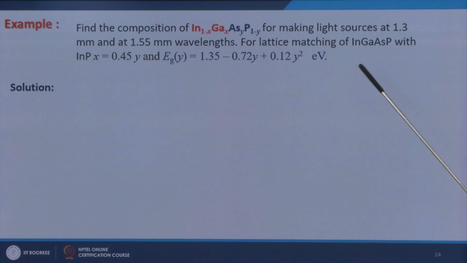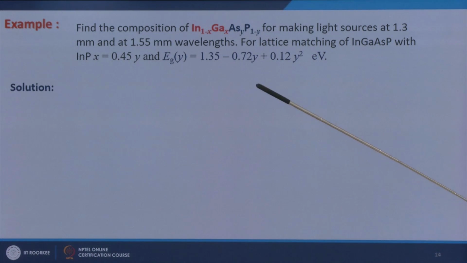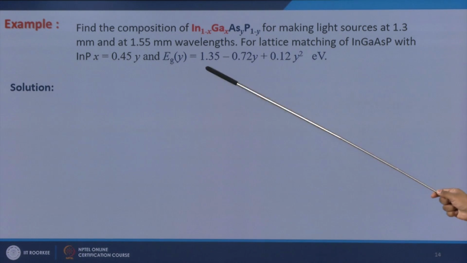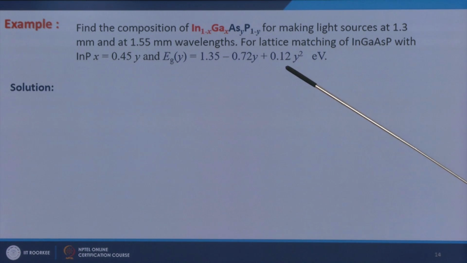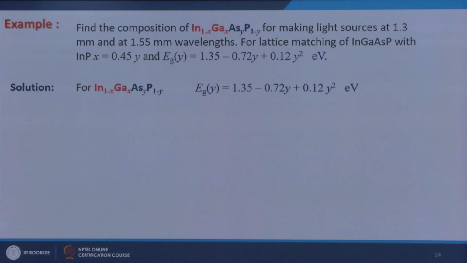I know, and it is given that for lattice matching of indium gallium arsenide phosphide with indium phosphide, x should be equal to 0.45 y, and the band gap energy of this material is given by 1.35 minus 0.72 y plus 0.12 y square in electron volts. So, how to get the composition?